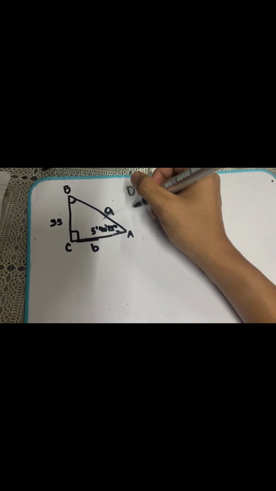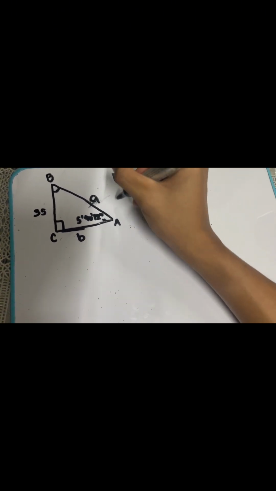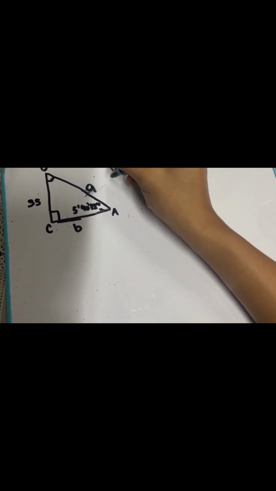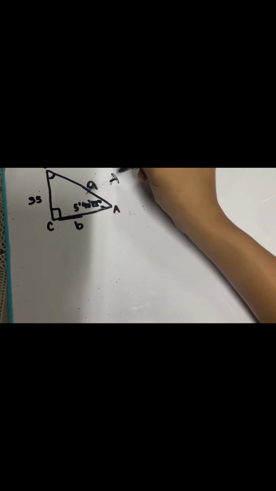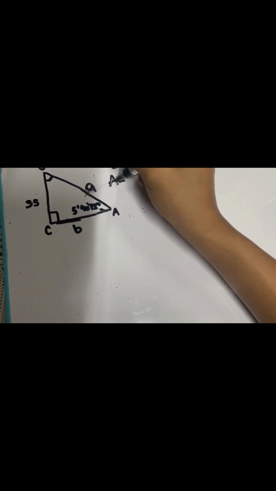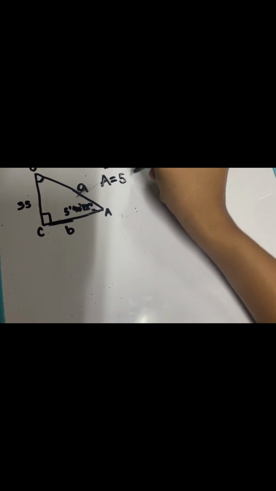First, you have to write down your given, which is A equals 5 degrees, 40 minutes and 12 seconds.